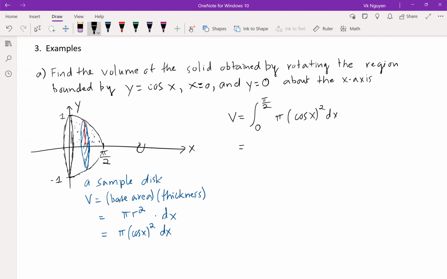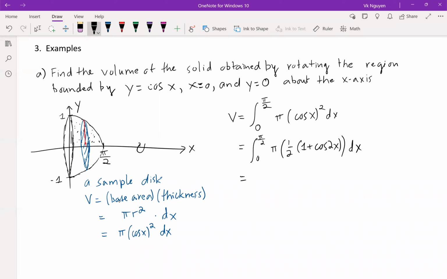We can use a trig identity here: cosine squared x is half of 1 plus cosine 2x.